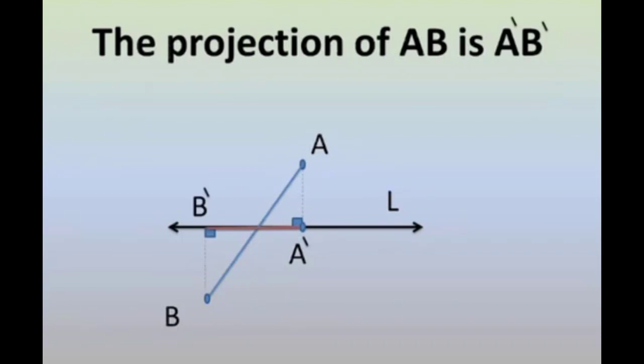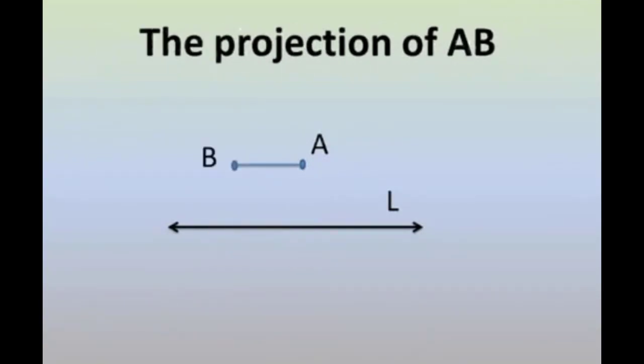A dash and B dash. And it must be perpendicular. Each line drawn from the point to the line must be a perpendicular on the line.